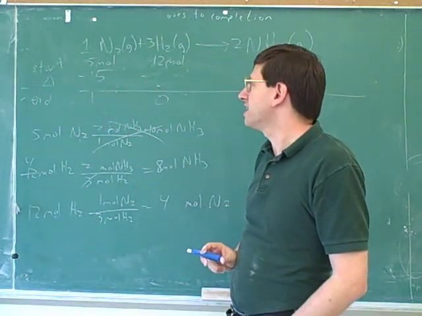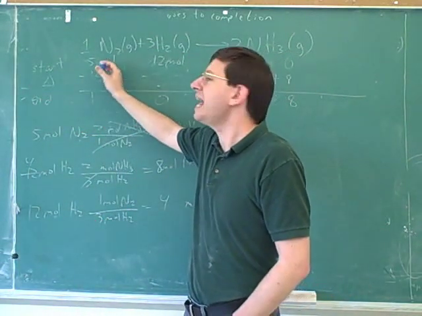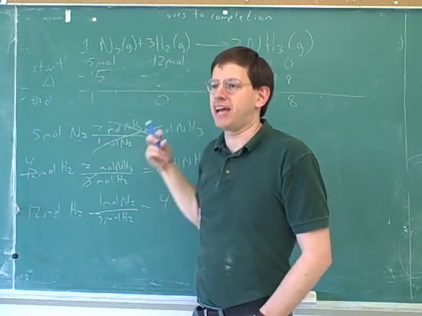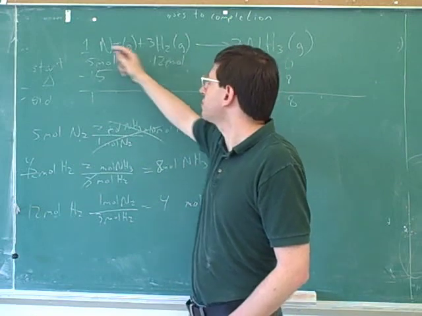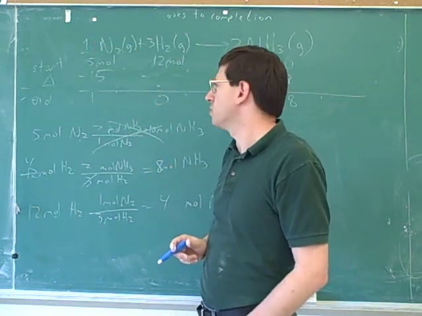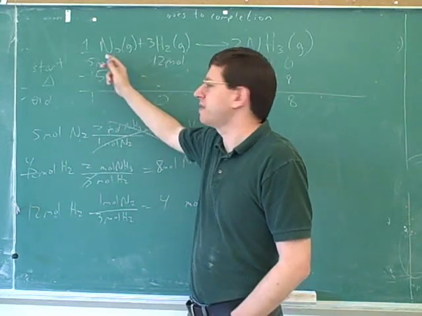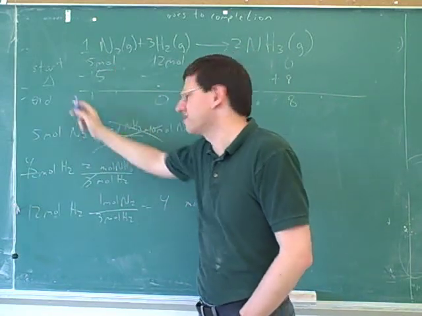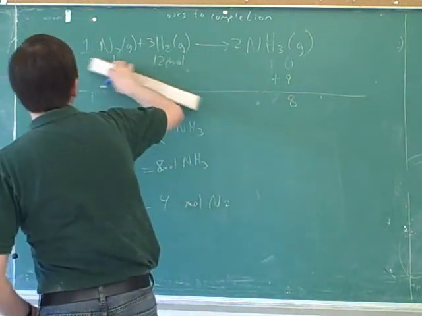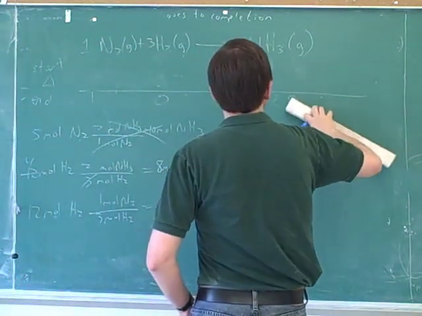Well, the problem with that is it's true that this being a small number would tend to make this the limiting reagent, but the other factor is what we're using faster. And we're using the hydrogen 3 times as fast as the nitrogen. So in many cases, it's dangerous to try to find the limiting reagent in your head. Instead, try to work it out mathematically, like we did down here. Okay. So now let's think about these problems in grams.